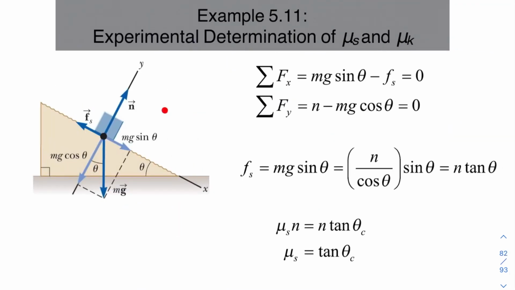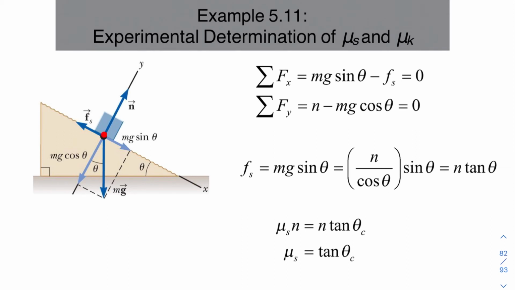Then, according to this diagram, now we are going to do summation of Fx equivalent to ma, but a is 0 because it is not in motion yet. Alright, so we set this as our x-axis and here will be our y-axis. So what we have here, we have mg sin theta in the direction of x.